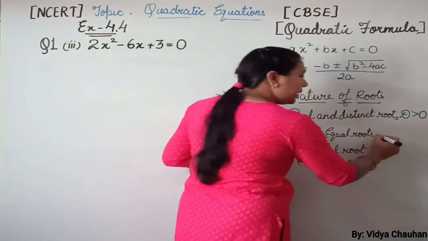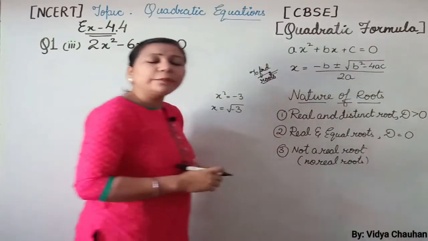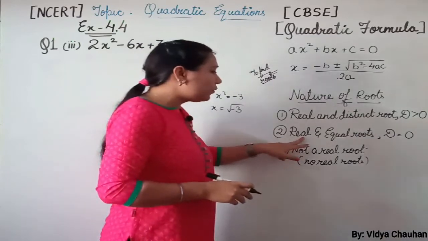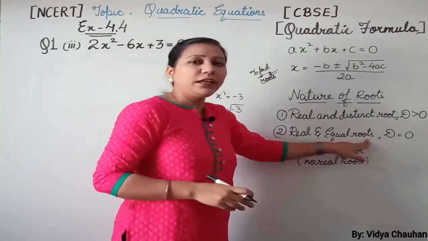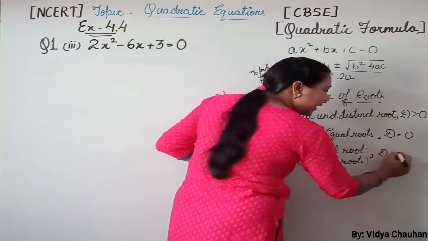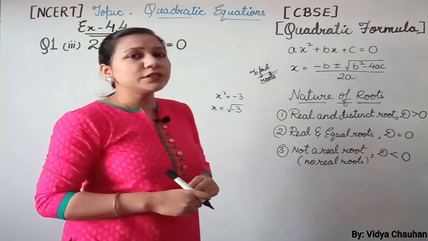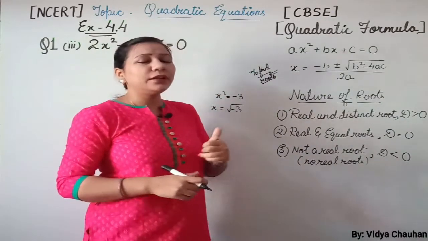If discriminant is equals to 0, then the roots are real and equal. And if the value of discriminant is less than 0, then there are no real roots.